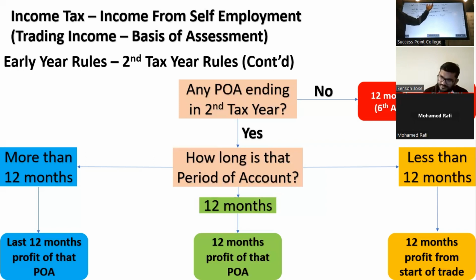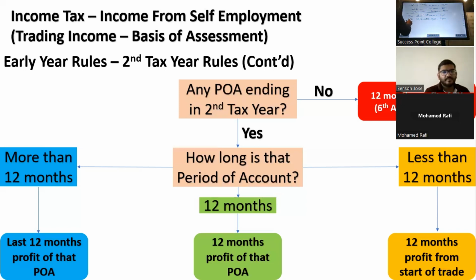More than 12 months means we will assess the last 12 months profit. The last 12 months, if I see, are October 19 to September 20. So the last 12 months profit would be 72,000. Out of this 90,000, we will take 12 months profit.